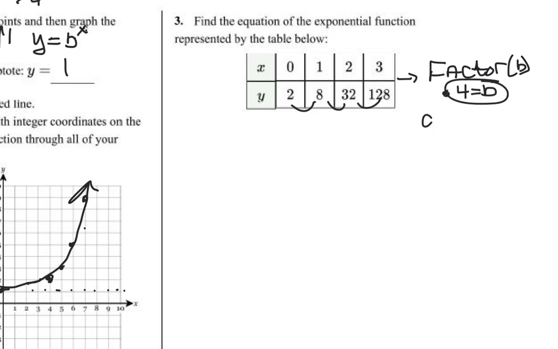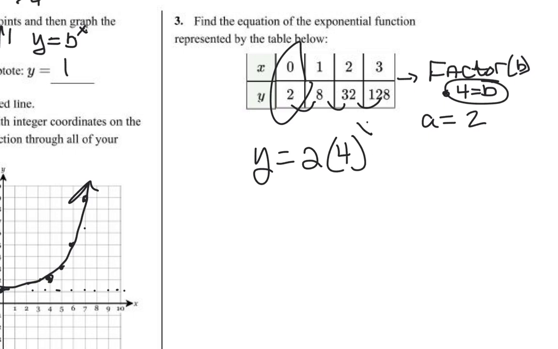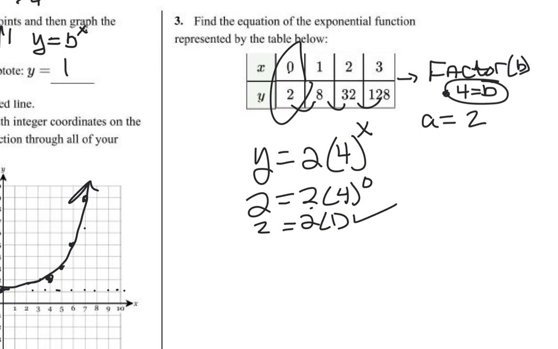And then my initial value is going to be my y-intercept, so my initial value is 2. So my function would be y equals 2 times 4 to the x power. And if I plug in 2 times 4 to the 0, does that equal 2? Well, this would be 2 times 1, so it does equal 2, and it checks out.